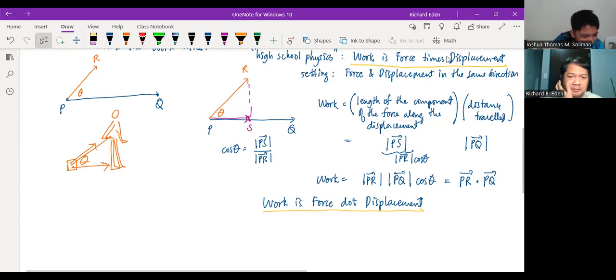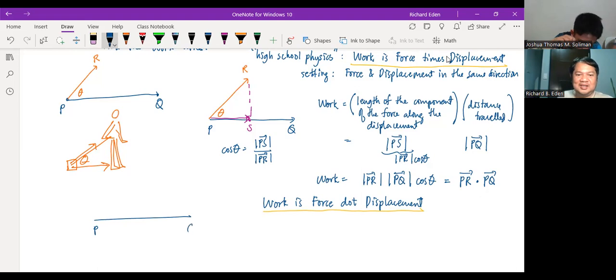In fact, it might seem anomalous, but the dot product can be negative, and that's going to happen when theta is obtuse. So for example, here is P, Q, and the force being applied is like that, theta.